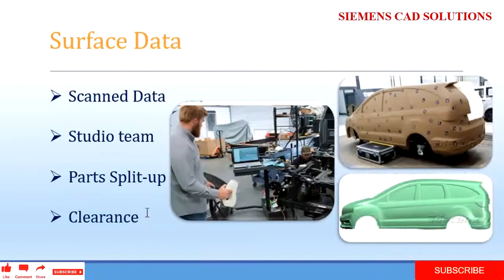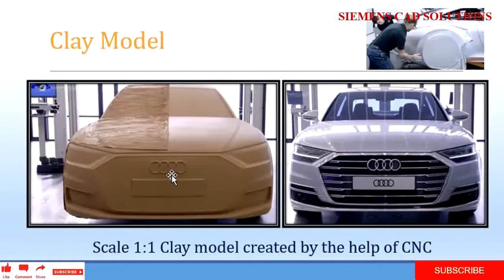Then they will go for the part split up, so exterior and then front, rear things. Then they will go for the clearance. So this is the outer profile of the vehicle, and the same clay model will be done for the interiors also.